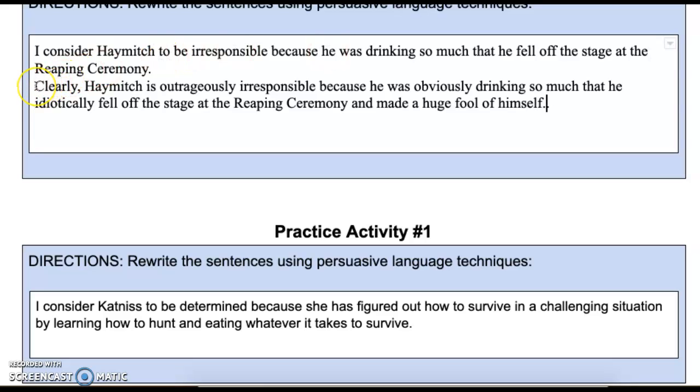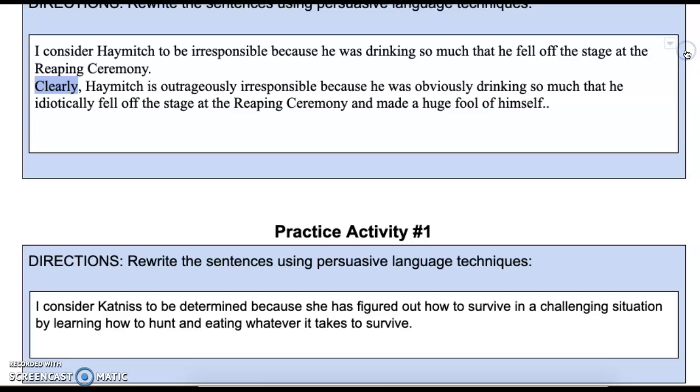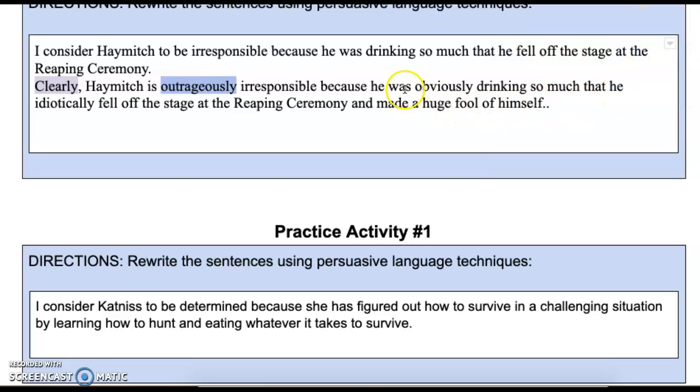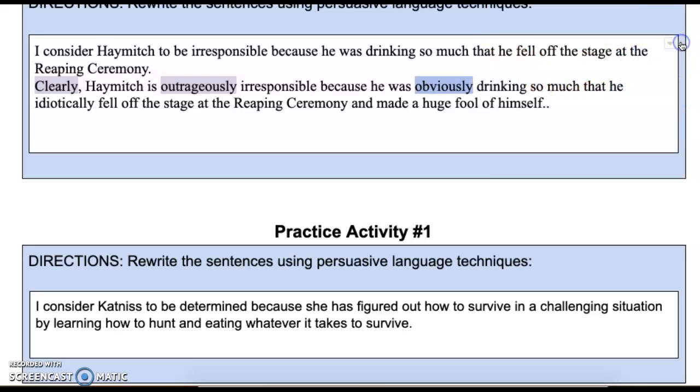So now I've added this word "clearly." I'm going to go ahead and highlight that. And I also added "outrageously," so I'm going to highlight that too. I also added "obviously," because that's another one I added, which is making this very persuasive.